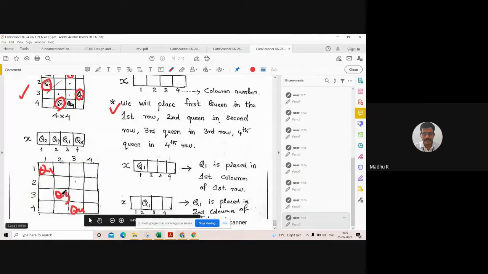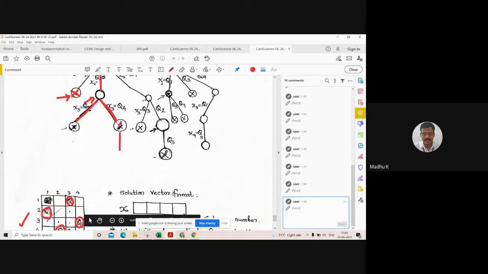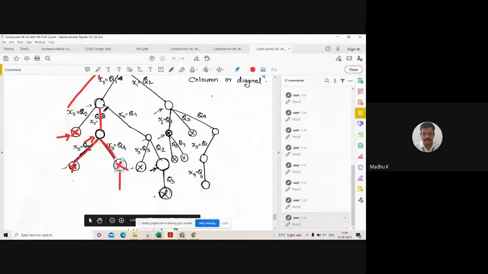But here they will attack each other, so it is not possible. I am stopping here. This is also not possible. Then I will backtrack to this point, then I will try another path.